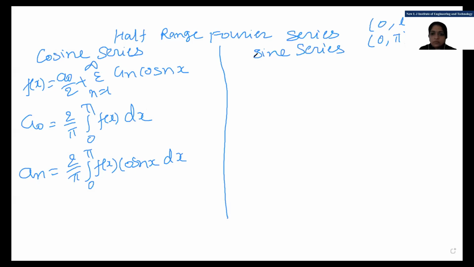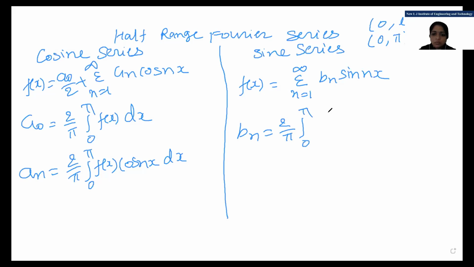Similarly, for the sine series, f of x is summation n 1 to infinity bn sin nx, and the formula for bn is 2 by pi integral 0 to pi f of x sin nx dx. So students, this is for the period 0 to pi, or I can say for the period pi.